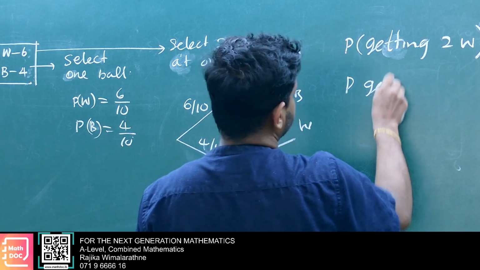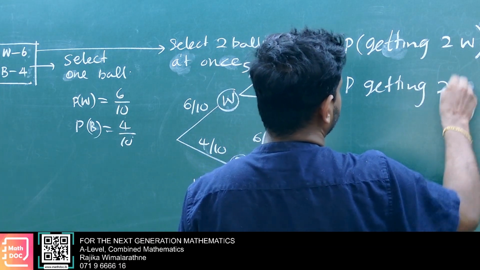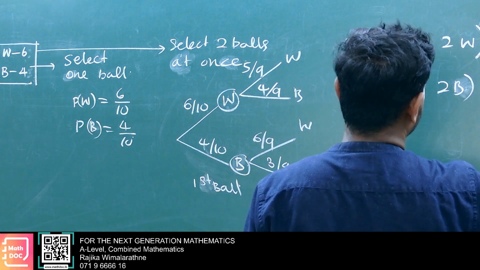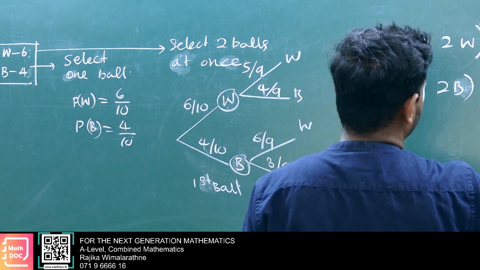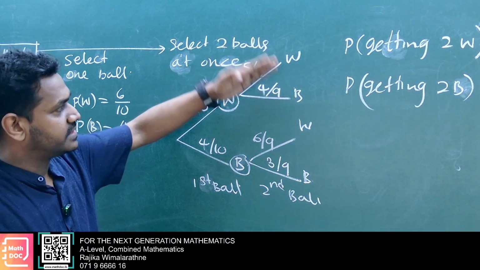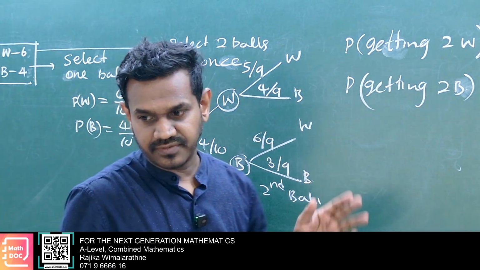P of getting 2 black: here it is 4 over 10 times 3 over 9. So when you go along this path, we have to multiply. When you consider 2 paths, we have to add. Sum rule and product rule, like permutations and combinations.